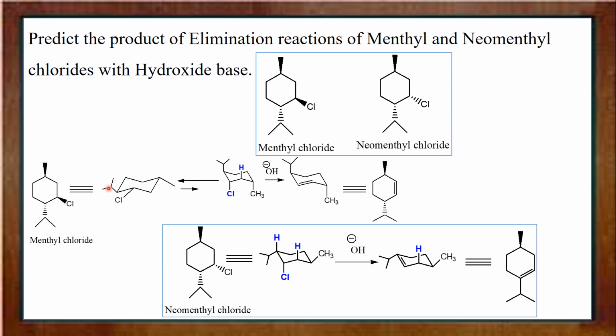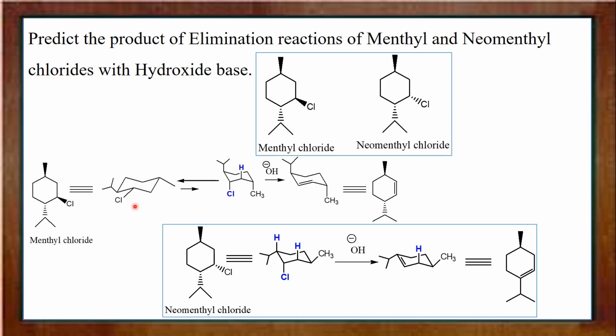So for isopropyl to be trans with respect to chlorine, this should be oriented equatorial. 1,2 di-equatorial is trans. Therefore chlorine and isopropyl both should be equatorial. So this is the chair form of this molecule.